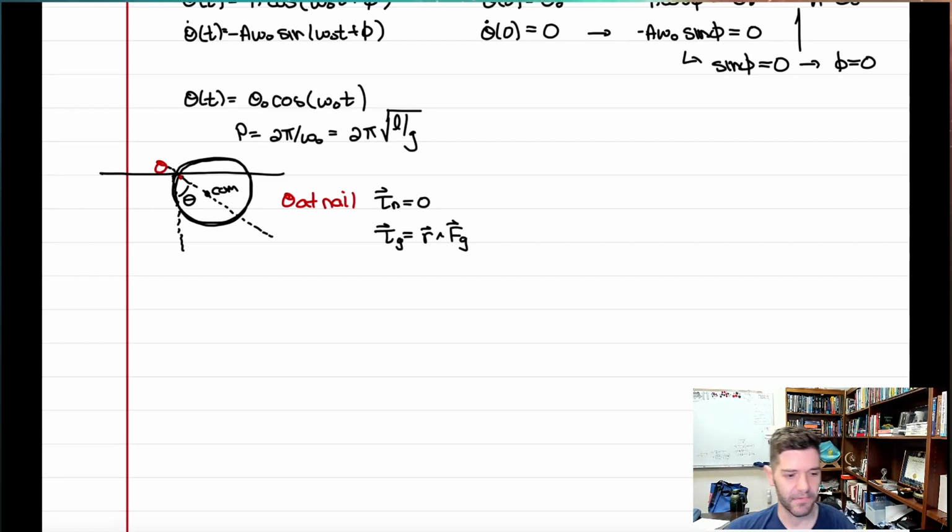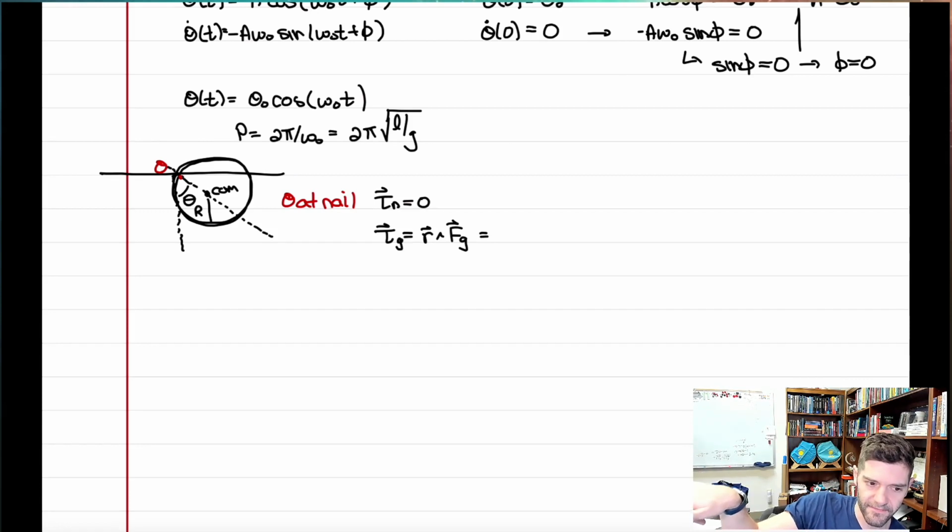which, this is a continuous system, but remember, for constant gravitational force, we can imagine as if everything was concentrated at the center of mass. So let's see, I need one more variable here. We need to specify that the hoop has radius capital R. So then if I do the torque, r cross F, my thumb points into the page.